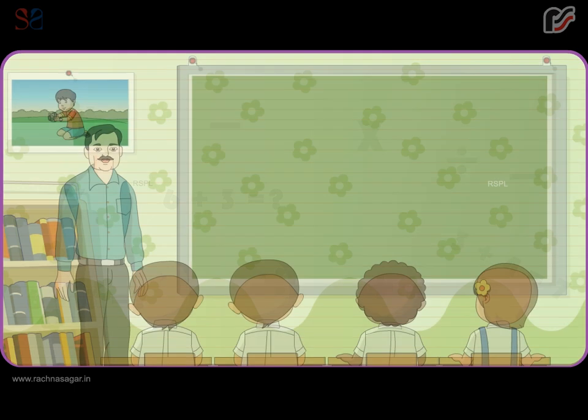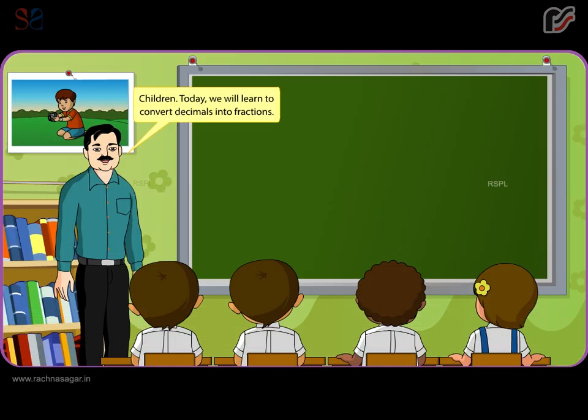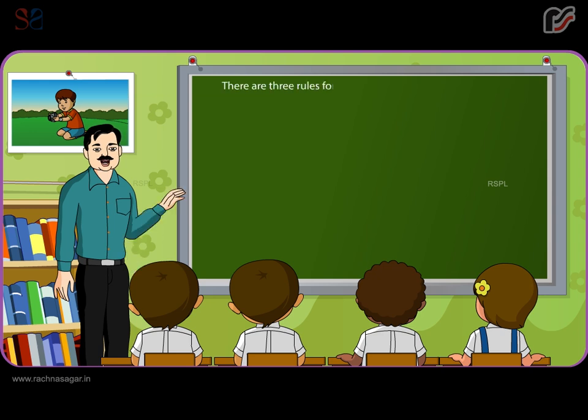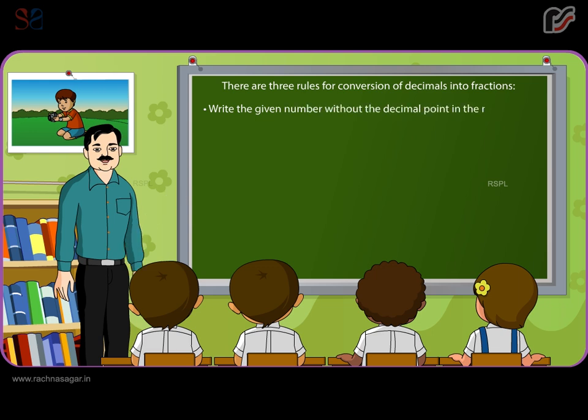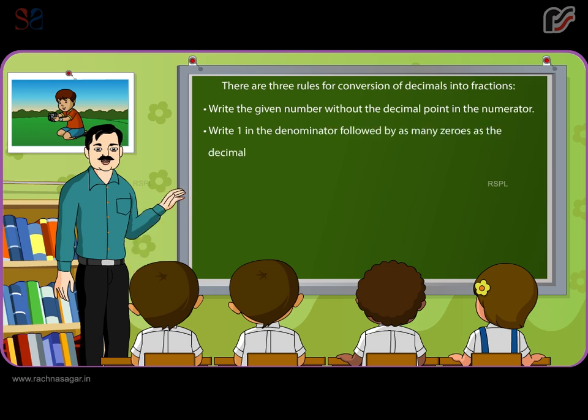Conversion. Children, today we will learn to convert decimals into fractions. There are 3 rules for conversion of decimals into fractions. Write the given number without the decimal point in the numerator. Write 1 in the denominator, followed by as many zeros as the decimal places. Then write the resulting fraction in the lowest form.